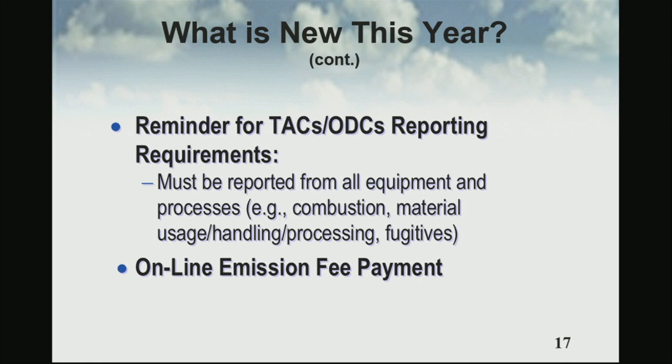For TAC and ODC, for any material you use, please refer to the MSDS if you are using any coating material or material specification from your manufacturer to find out if there are any toxics associated with the materials you're using, and make sure you tag it as toxics when you're reporting your emissions as criteria pollutants. For combustion fuel, you don't have to worry about the toxic compounds because the program automatically populates those toxic compounds for you.